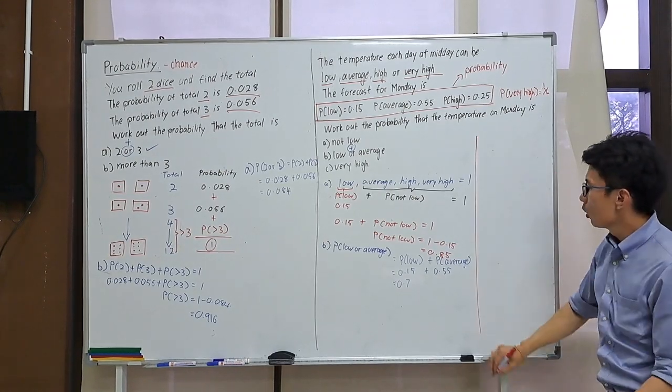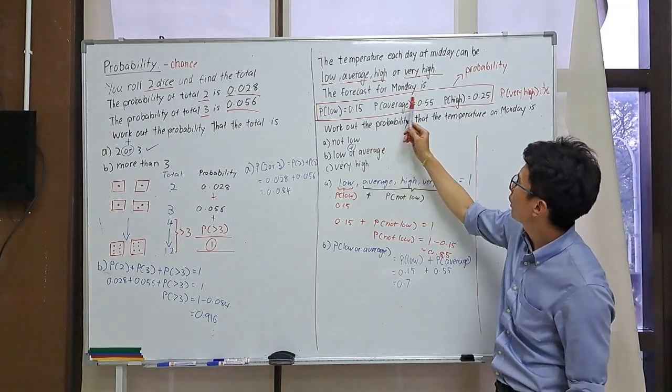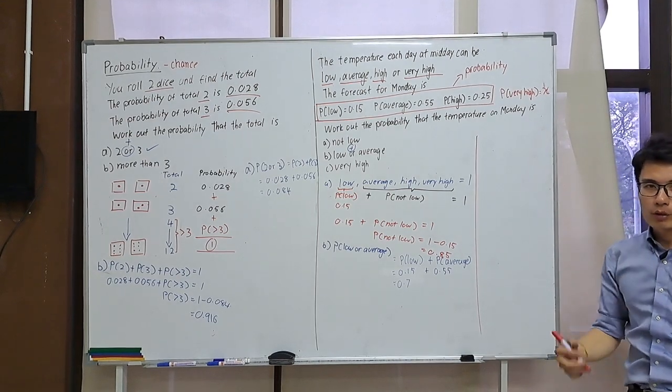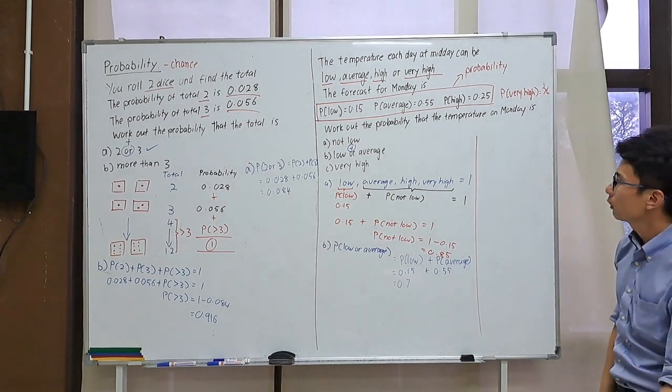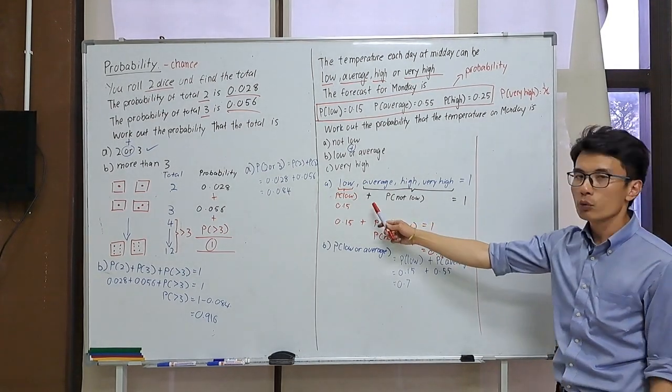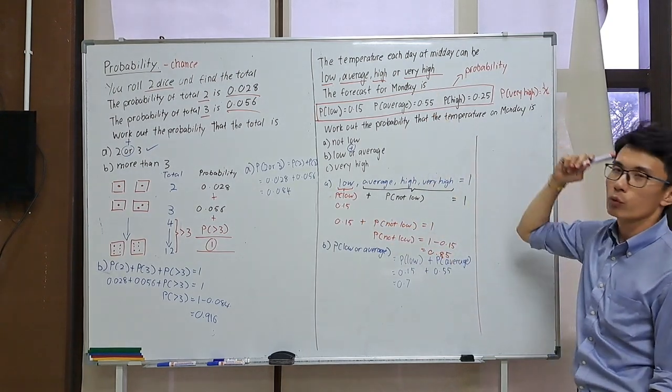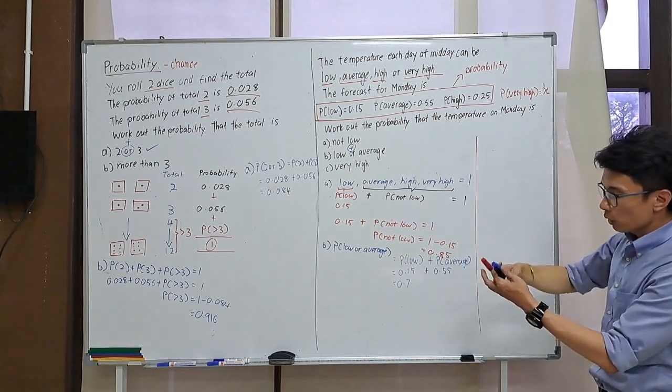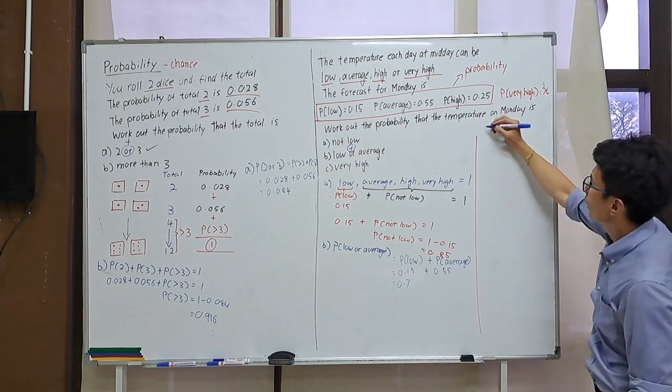We already understand that if we add all these probabilities, that will give me 1. It's the same as how we do A, so we apply the same thing here.